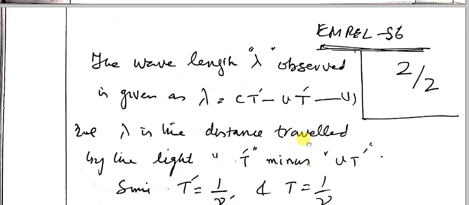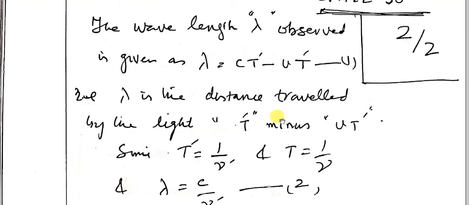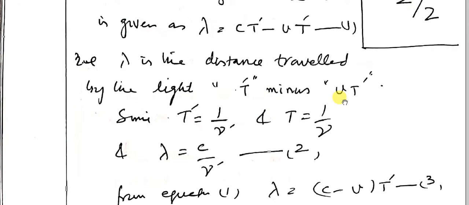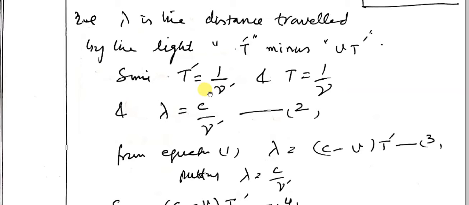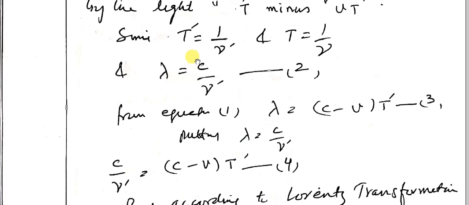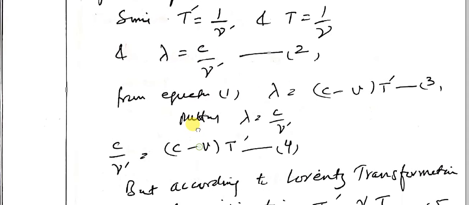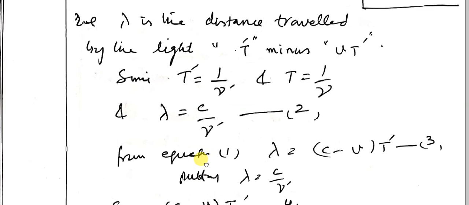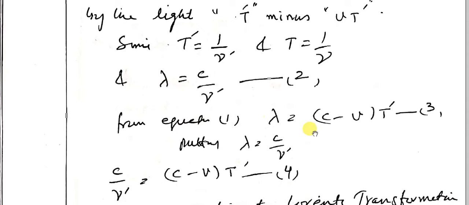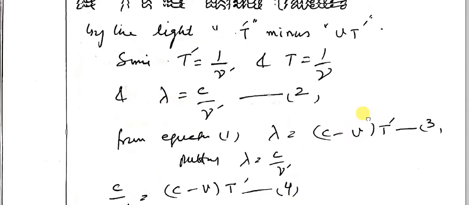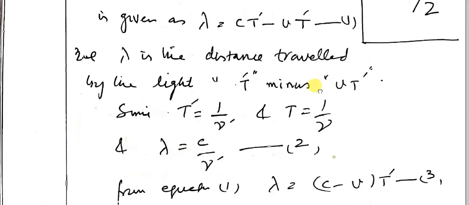Here lambda is the distance traveled by the light, c t prime minus v t prime. Since t prime is equal to 1 over nu prime and t is 1 over nu, lambda is equal to c by nu prime. So from equation 1, lambda is equal to c minus v times t prime.